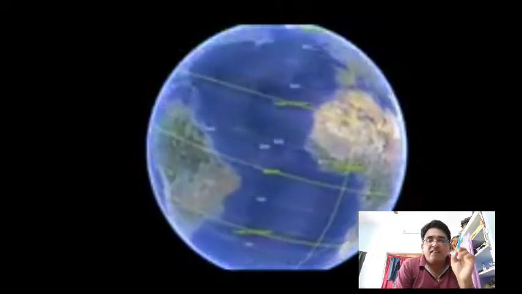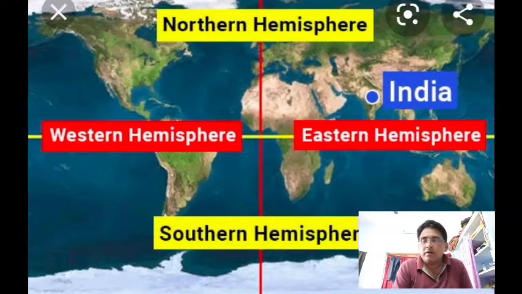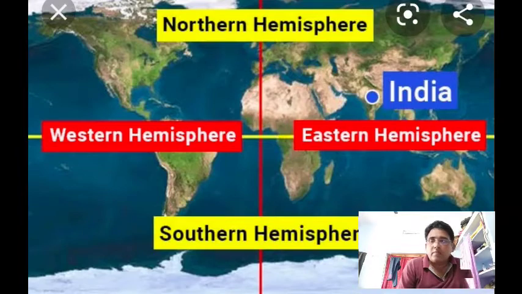India is a very extensive country. According to latitudes, India lies in the northern hemisphere. According to longitudes, India lies in the eastern hemisphere.